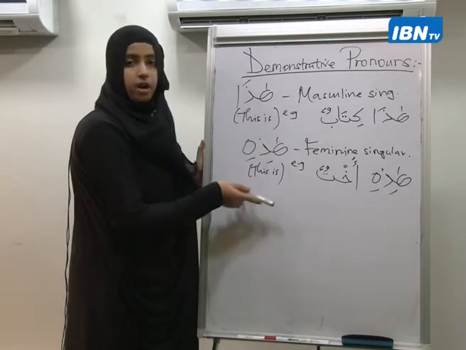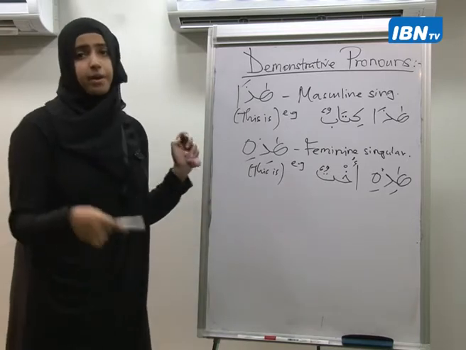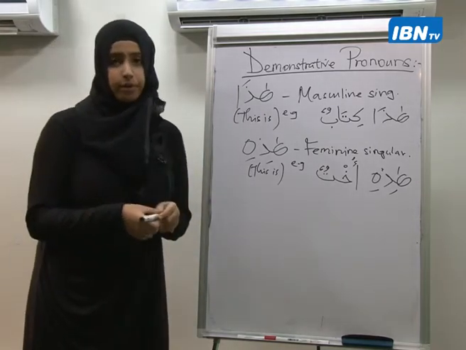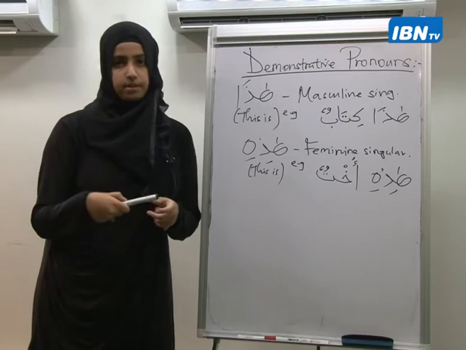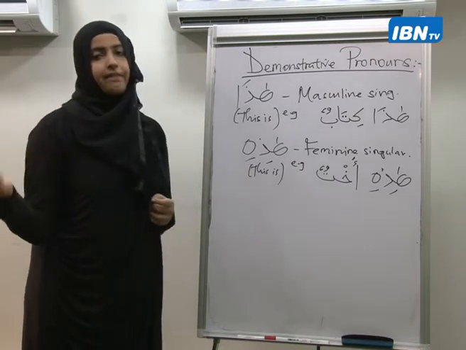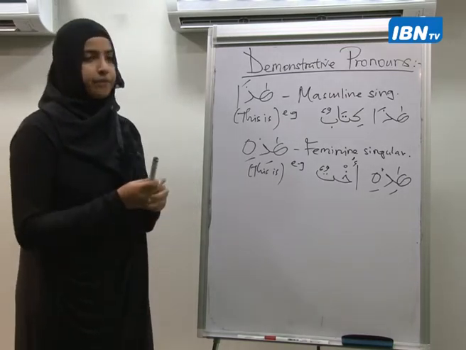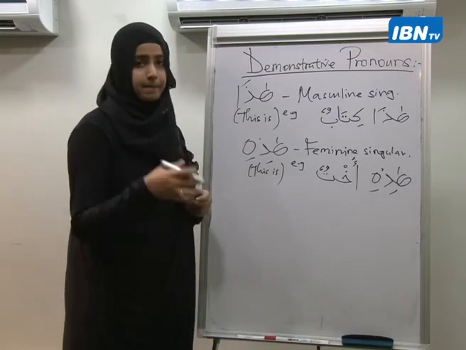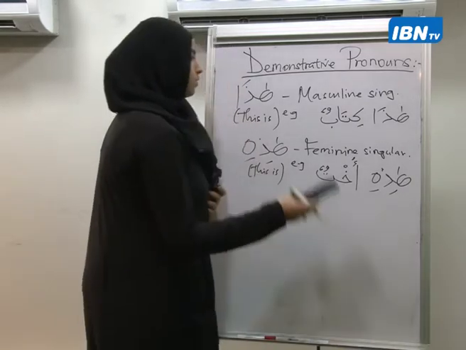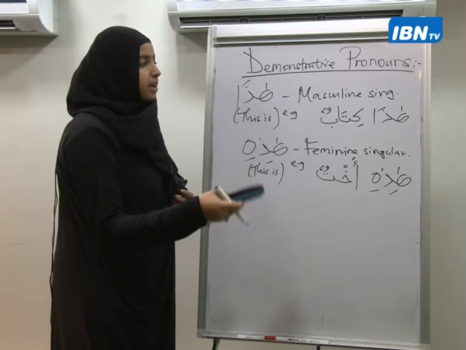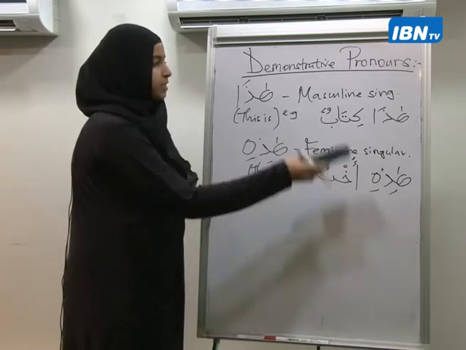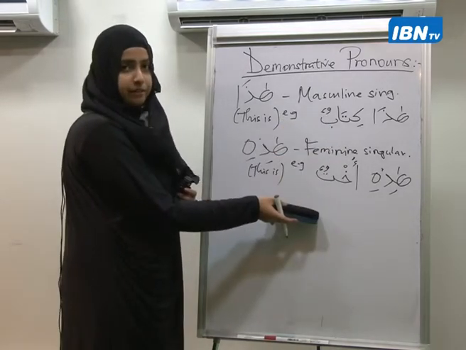We did that for feminine singular. Now today we are going to look at demonstrative pronouns but for duals, for 2, right? So we're going to look at the masculine duals. You should keep in mind that this is only used for the singular, which is different for masculine, different for feminine.